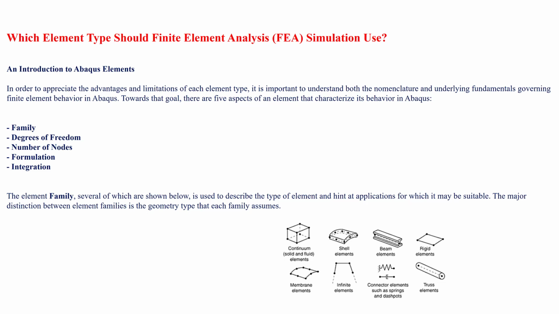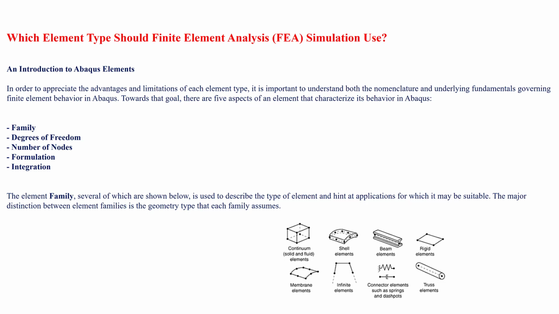When it comes to the element family, you could see in the image below there are solid elements, shell elements, beam elements, truss elements, rigid elements, and continuum elements for solid as well as fluid, which come under the families.